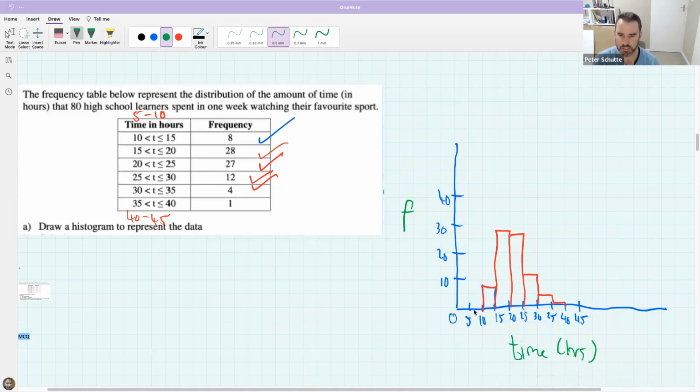So draw the frequency polygon next. And when you're done with the frequency polygon, just put F in the chat, so I know roughly how much time I need to provide for you guys.